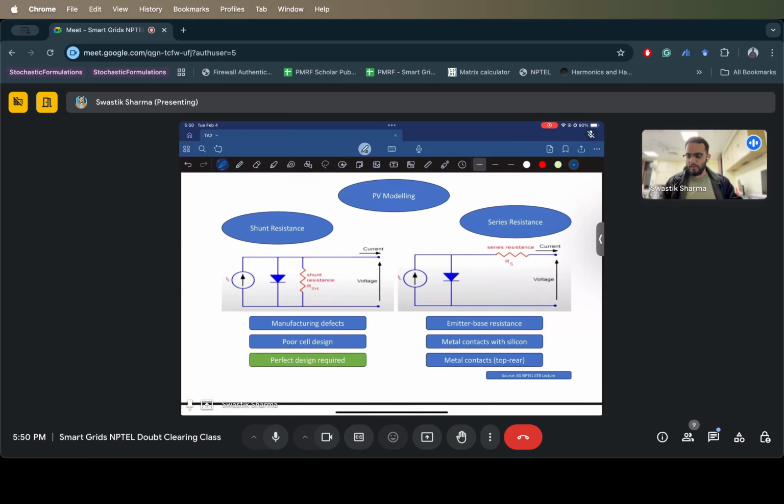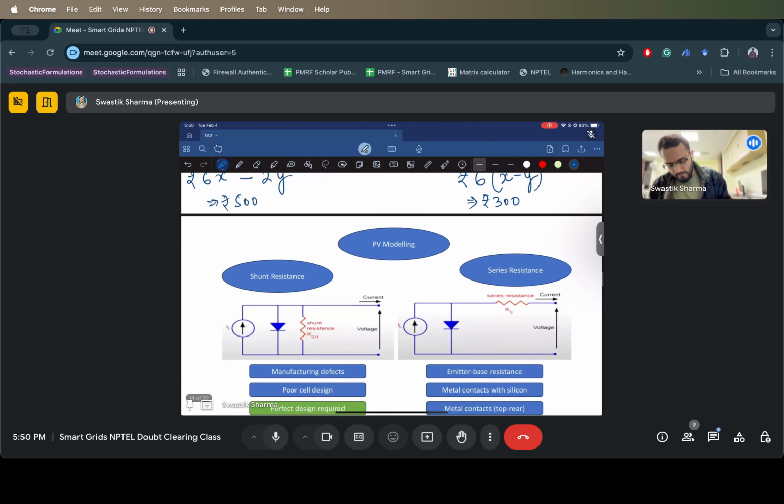Next, we come to a very important thing. We want to model how a solar PV cell or solar PV array can be modeled, right? So as I told you, there is always going to be a diode because, at the end of the day, that is where it draws its functionality from, right?